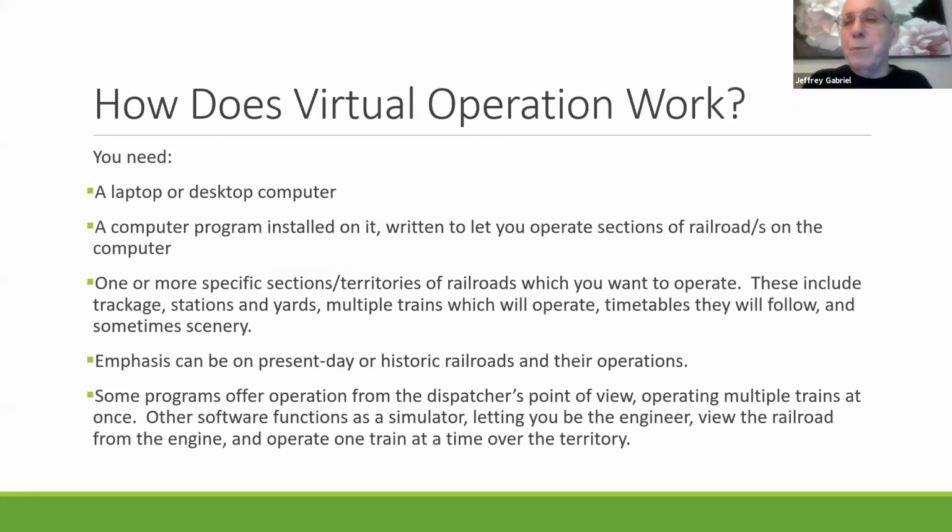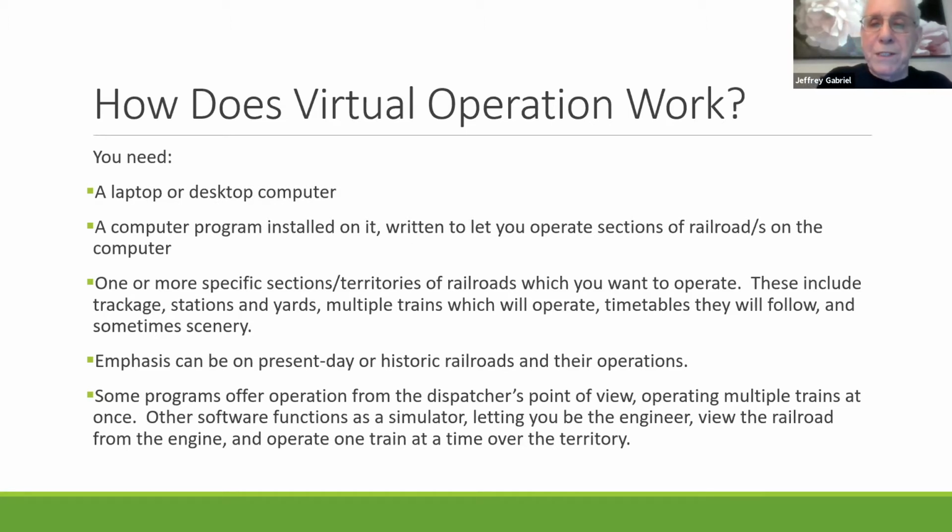How does virtual operation work? So you need a laptop or desktop computer. You need a computer program installed on it, written to let you operate sections of railroads on the computer. And you have to have one or more specific sections or territories of railroads which you want to operate in files on the computer. These have trackage, stations and yards, multiple trains to operate, the timetable they'll follow, sometimes scenery.